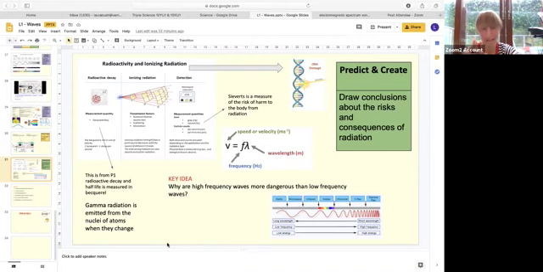So gamma radiation is emitted from the breakdown of the nuclei of unstable atoms. You'll have done alpha, beta and gamma in P1, I think the last topic of P1. It's one of those crossover pieces of information.